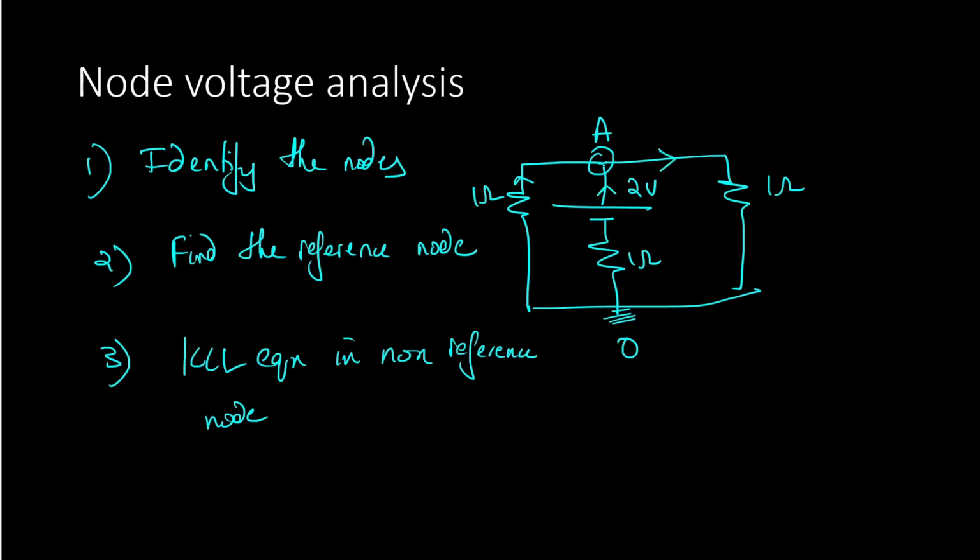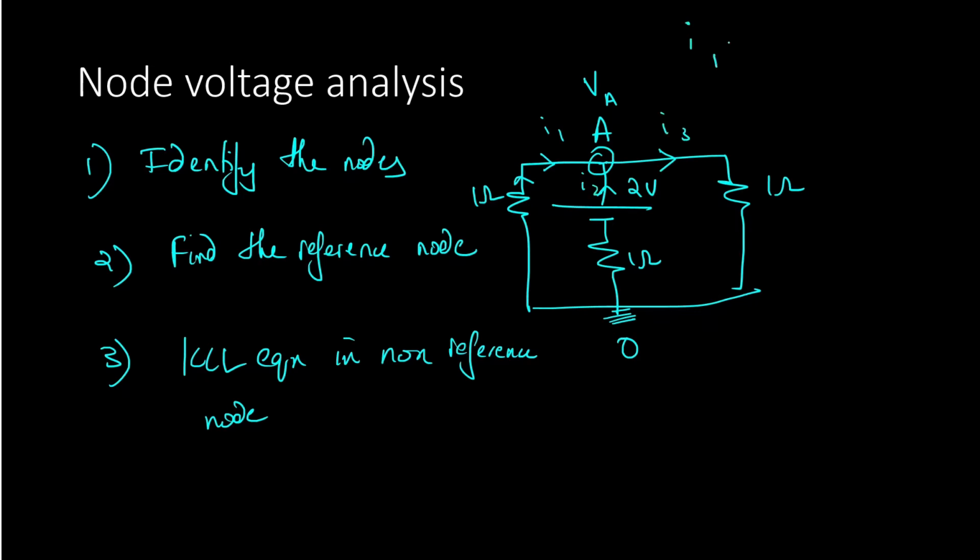We consider the potential at point A to be VA, and using this potential as a variable, we try to find the currents in each branch: I1 entering, I2 entering, and I3 exiting.